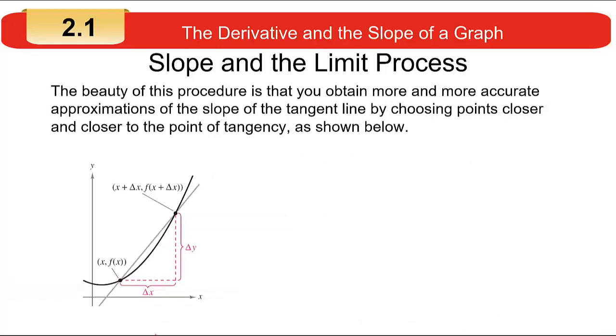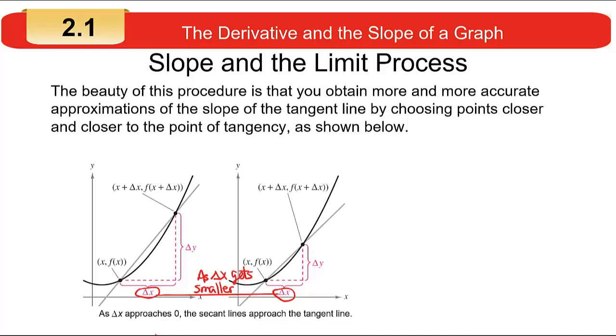The beauty of this procedure is that you can get better and more accurate approximations of the slope of the tangent line, which is what we're really after, by moving those 2 points closer together. In other words, taking secant lines where the 2 points are closer and closer to each other. So for instance, in this original drawing, you can see that delta x is a certain distance to the right.